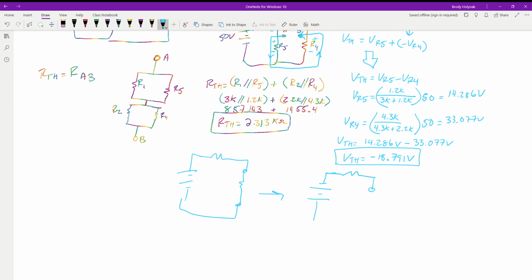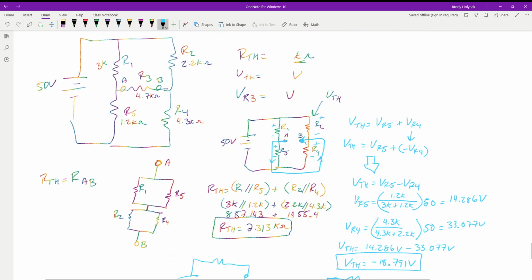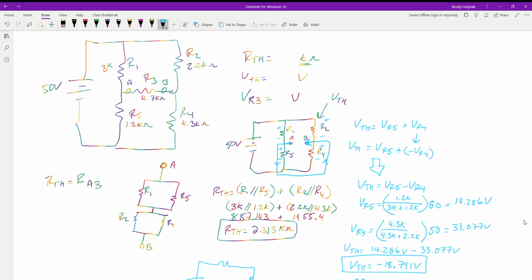The only difference that makes is it gives us a voltage across R3 with a polarity like this. And all that means is that the R4 voltage is larger than the R5 voltage, but it also means that the R2 voltage is larger than the R1 voltage.